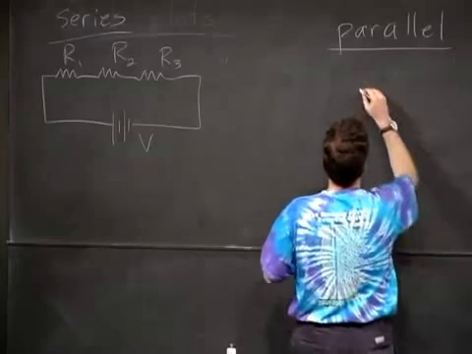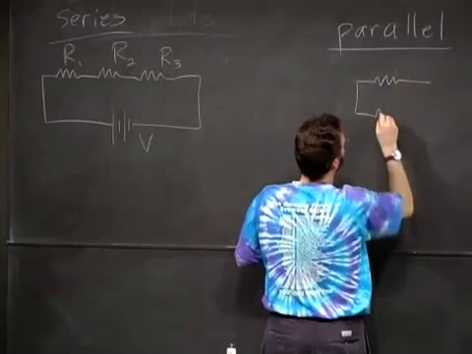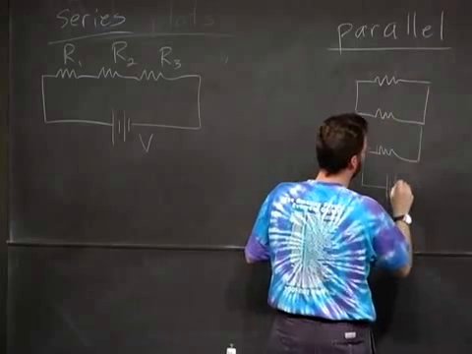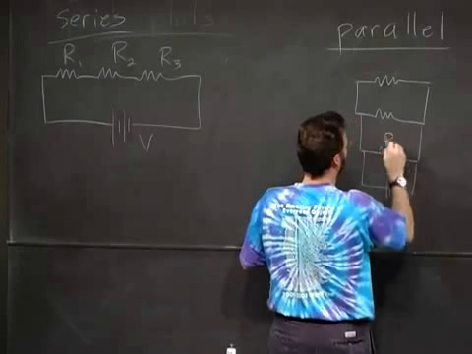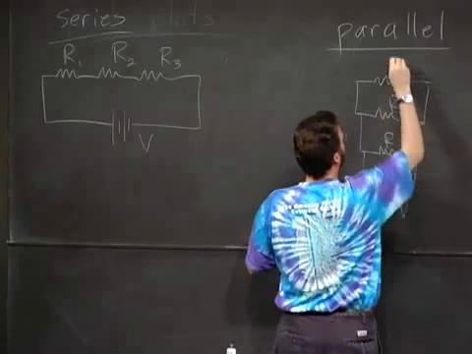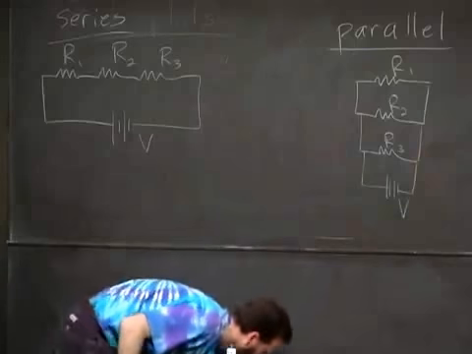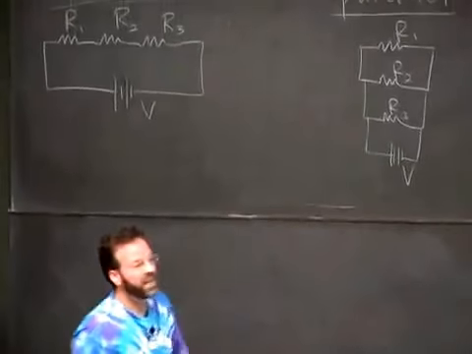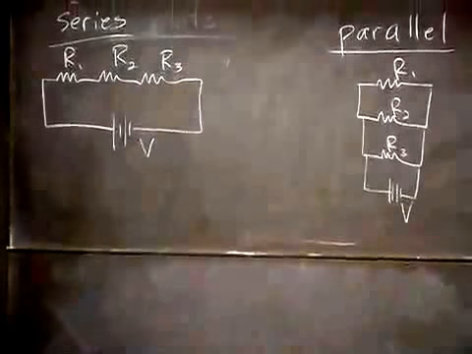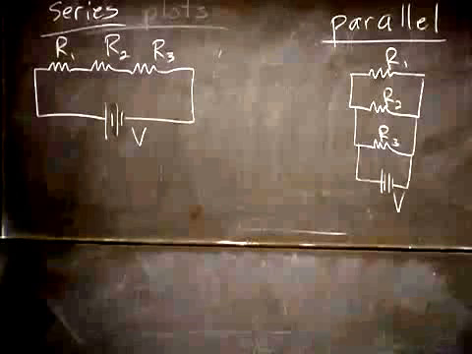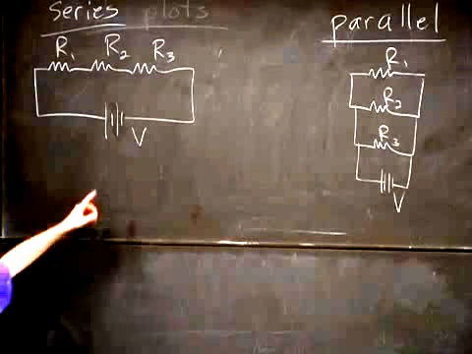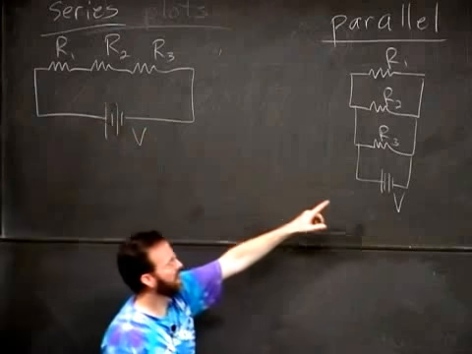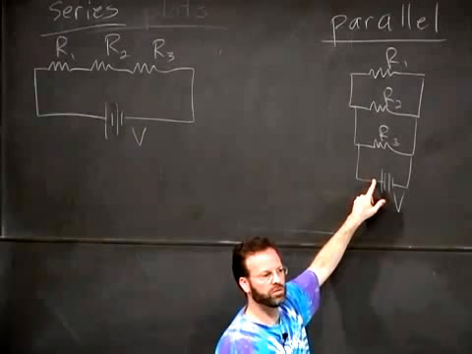In parallel, they can split. The current can split. So this has one pathway from one side to the other of the battery, or this has options.